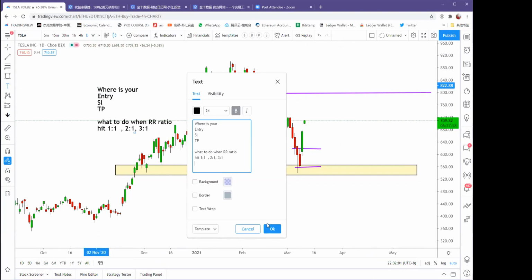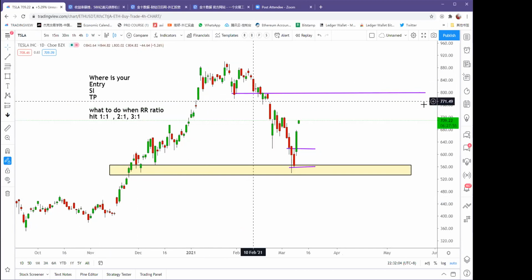You have to understand how to take some profit and let the risk-free trade go, right?